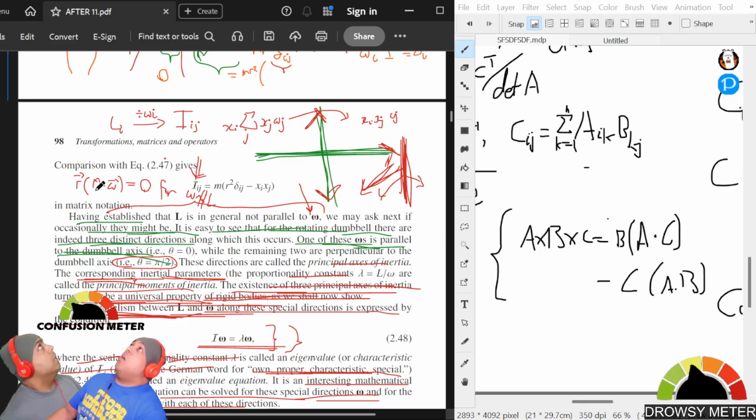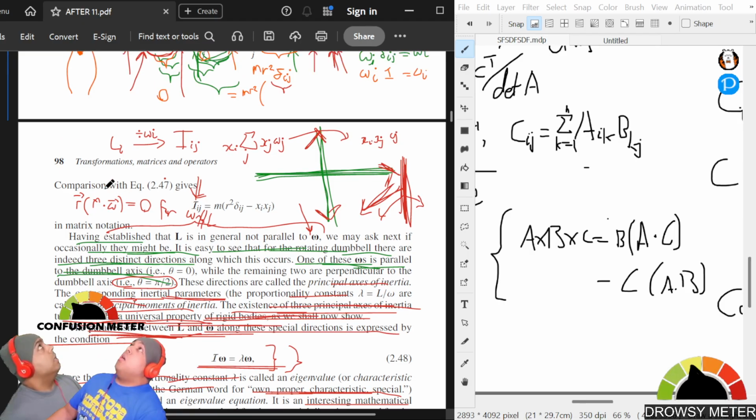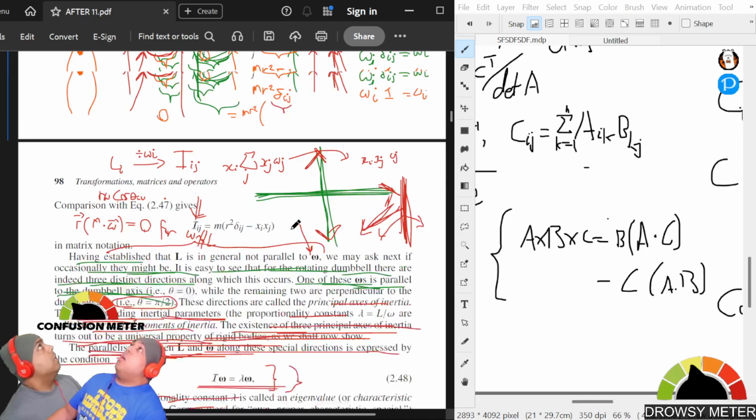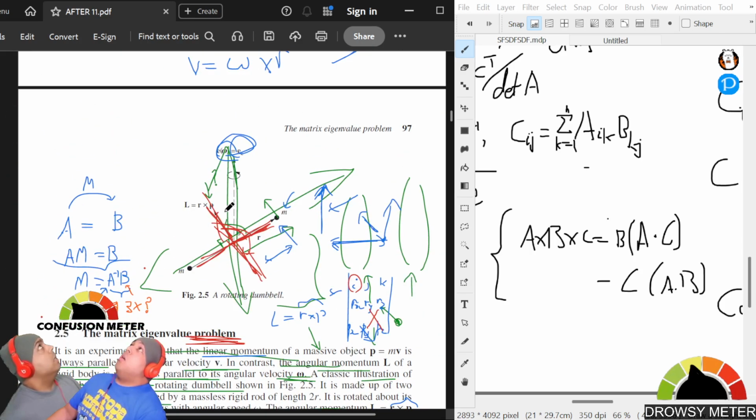I've been thinking of this like R_x omega_x plus R_y omega_y plus R_z omega_z, but I forgot that the dot product could be R omega cos theta, where theta is the angle between R and omega. If theta is 0, that means, what if omega is up here?